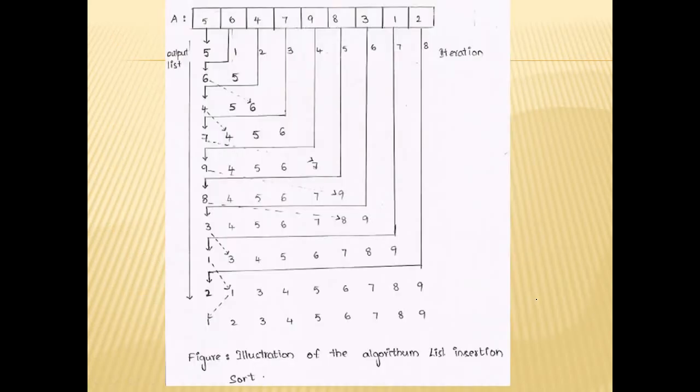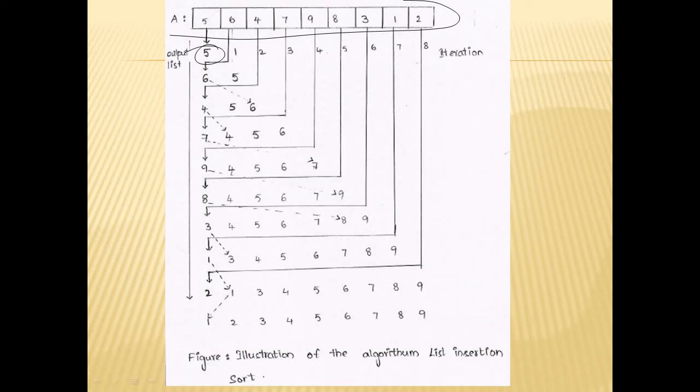Here is an example showing how we insert elements into a linked list. This is the list of elements provided: 5, 6, 4, 7, 9, 8, 3, 1, 2. First we work with 5. 5 is the starting element, so we insert it directly.